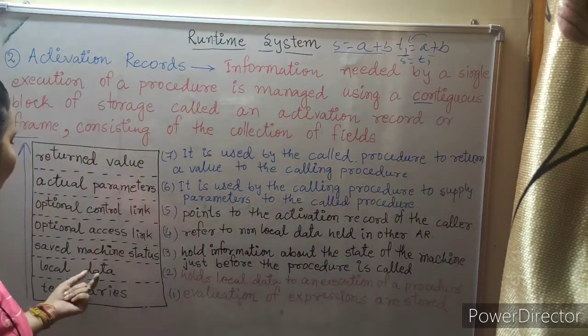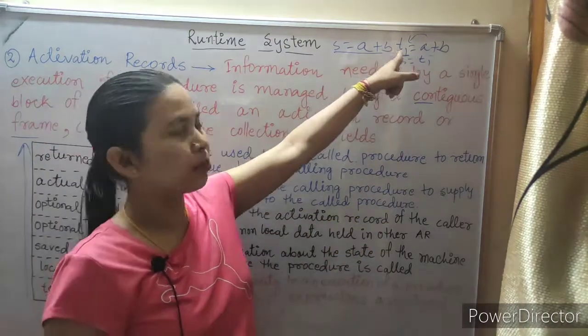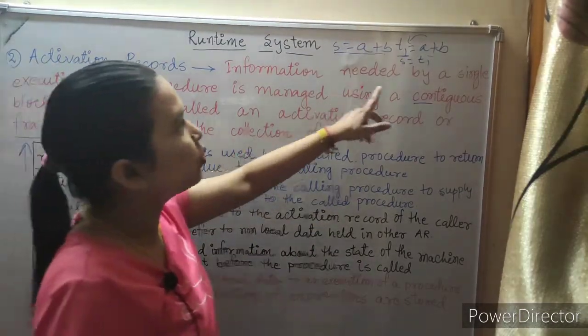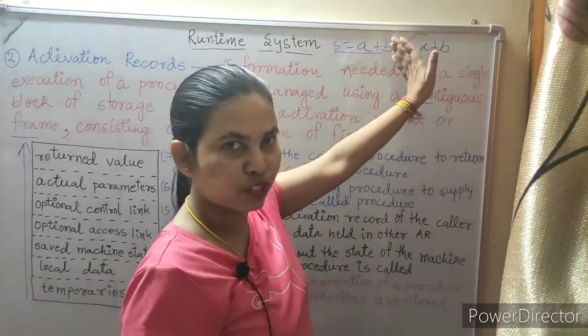That is why local data holds temporaries data. Here t1 stored the a plus b value.